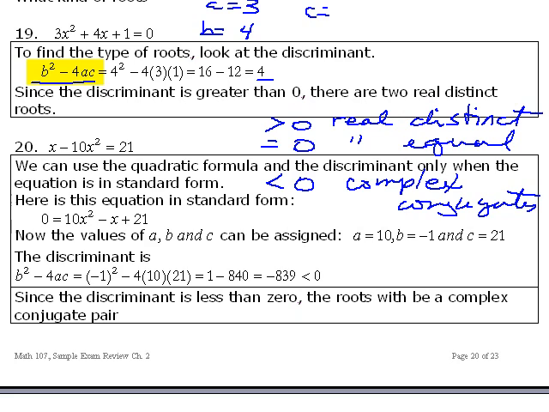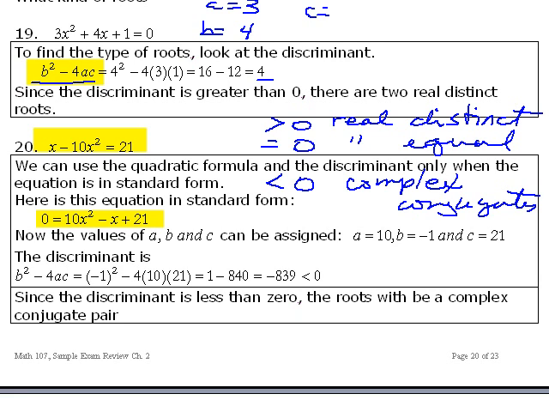Now, in the second case, the big important thing here is that you cannot identify a, b, and c until you have everything on one side equal to 0. So I have to put that 21 over on the other side, and actually I changed signs, which you can do easily enough as long as you're consistent. When I put the x over there and move the 21 over and multiply through by minus 1, you'll get the same equation, or you could have put everything over onto the right hand side.